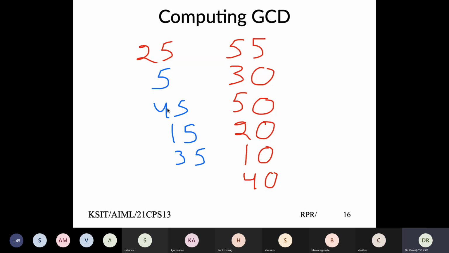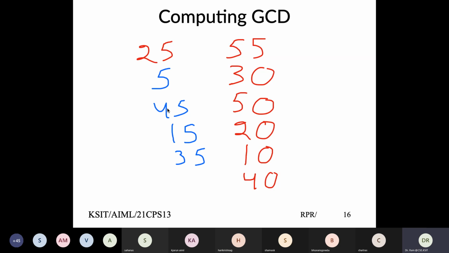So how do you decide, given two numbers, whether you should play first or second? Like in the previous case, when I played first, I lost. In this case, when I played second, I lost.